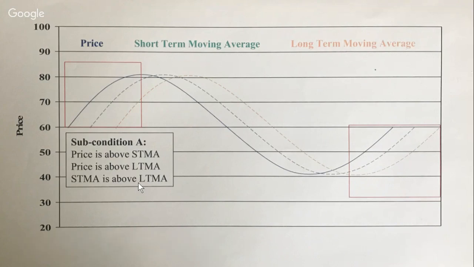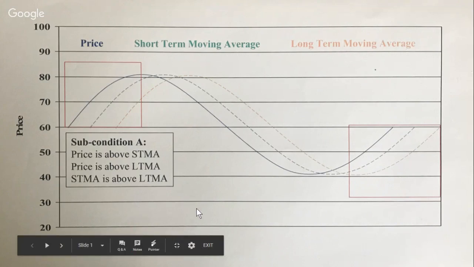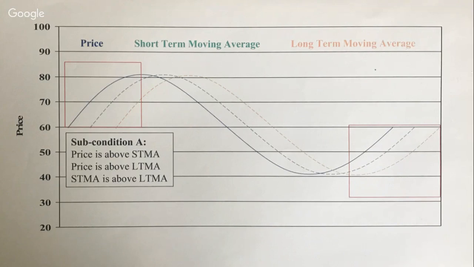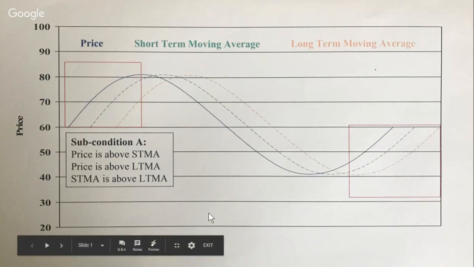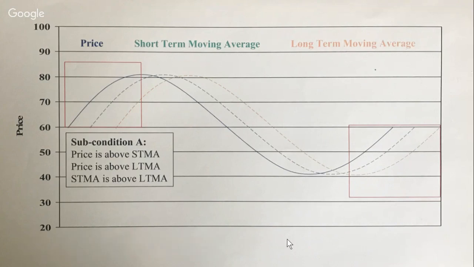So our three variables are price, short-term moving average, long-term moving average, without designating length of time or period. So we're not talking 50-day or 200-day. This could be 1 second, 5 seconds, and 10 seconds. It could be 1 year, 3 years, and 5 years. Does not matter. The mathematics are exactly the same for all moving averages.